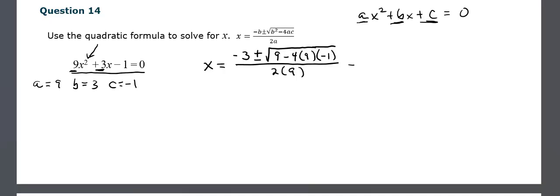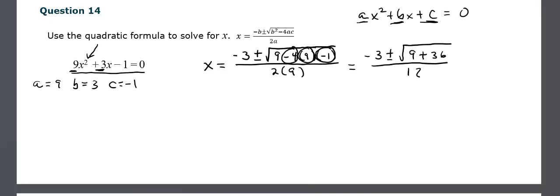So let's go to simplify. We have negative 3 plus or minus the square root of 9. Now, to simplify, I'm multiplying negative 4 times 9 times negative 1. So negative 4 times 9 is negative 36. Times negative 1 gives me positive 36.